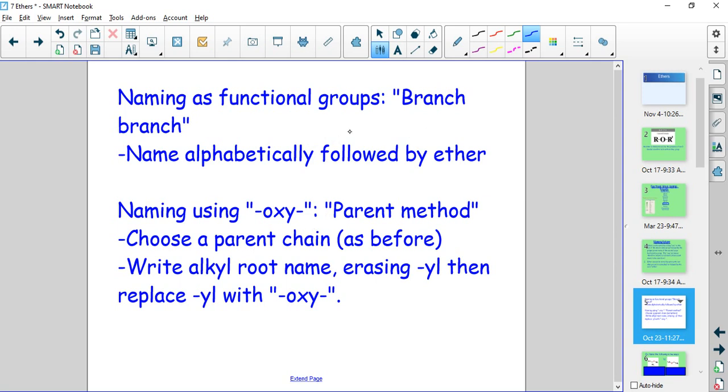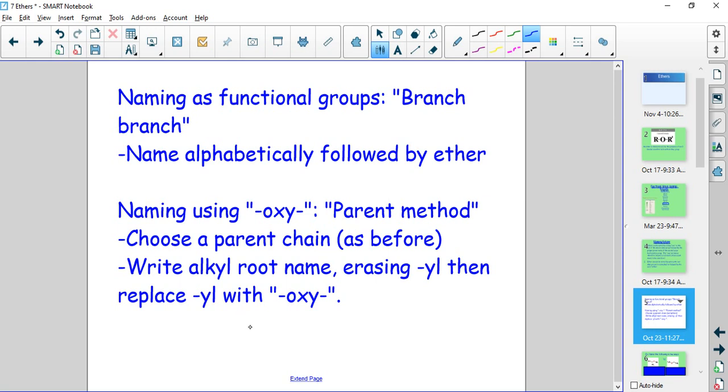Okay, so that was the branch method. The other method, what I call the parent method, is similar to what you've done in the past. So choose a parent as you would normally. So that part hasn't changed. Now what does change is writing the new portion of the ether, so the oxygen bound to an alkyl group.